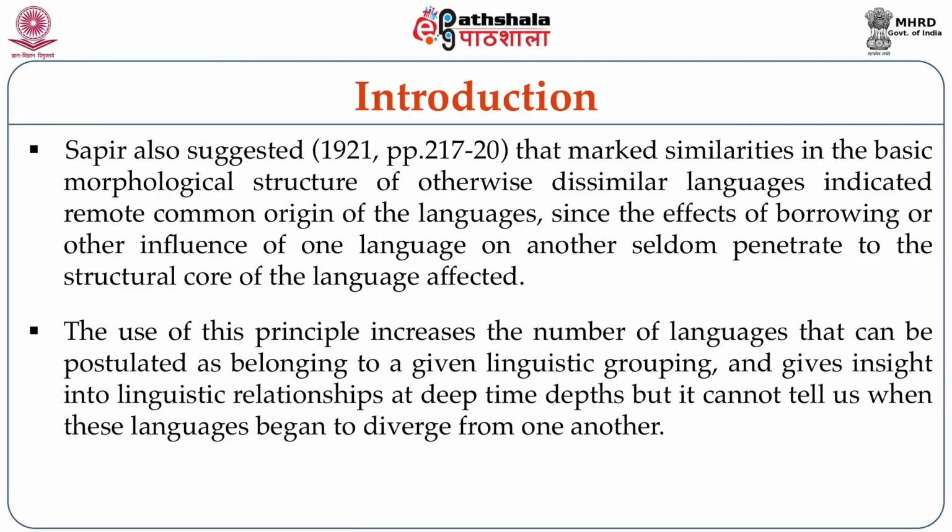The use of this principle increases the number of languages that can be postulated as belonging to a given linguistic grouping and gives insight into linguistic relationships at deep time depths, but it cannot tell us when these languages began to diverge from one another.